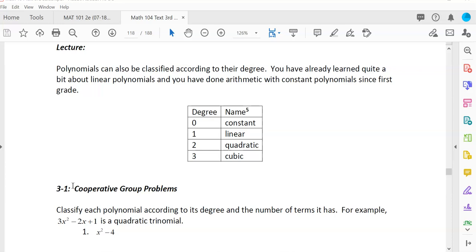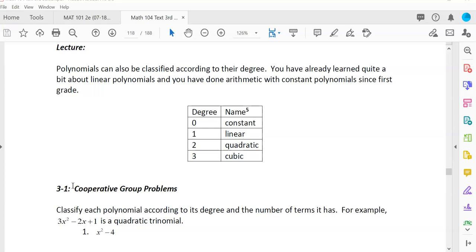But there's also special names according to degrees. It turns out these special names are very common, so moving forward, we should know these special names by degrees.